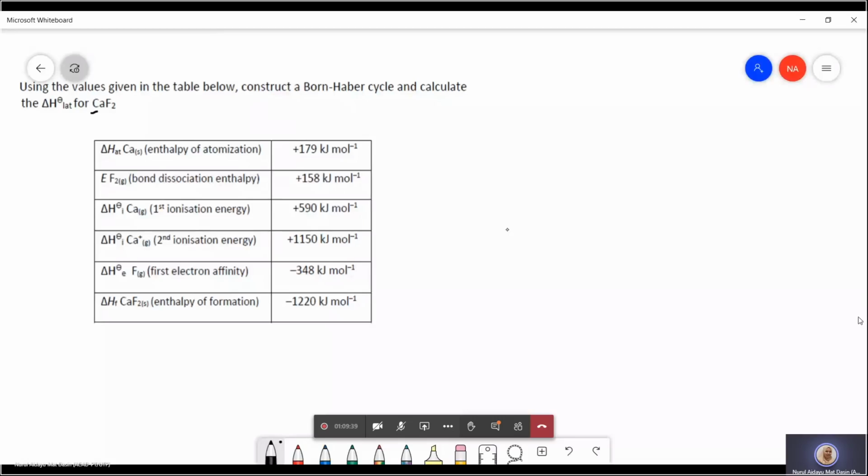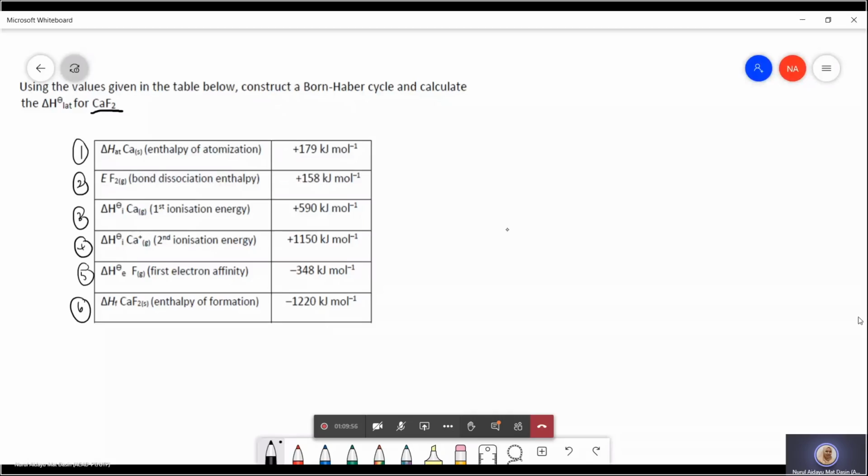Given here is CaF2, and also the enthalpy changes for each step here: 1, 2, 3, 4, 5, and 6.